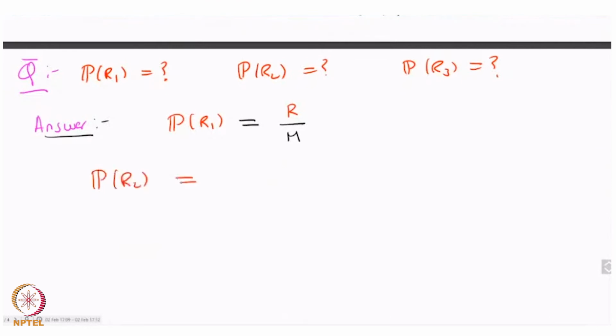You have to worry about what happens in the first draw because you're doing it without replacement. Right? So the probability of R2: in the first round, R1 happened, or the other possibility is R2 happened and R1 didn't happen in the first round.